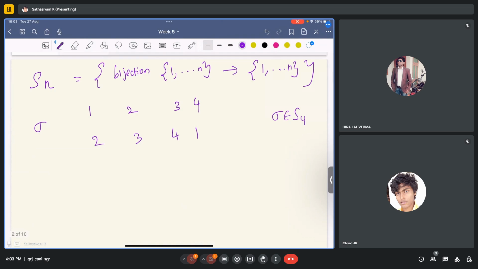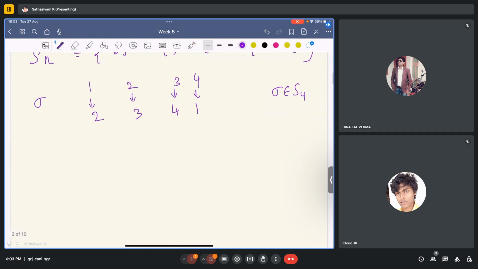Now, by this permutation, what it means is that 1 maps to 2, 2 maps to 3, 3 maps to 4, and 4 maps to 1. When you have a permutation like this, you can always write it in terms of cycles. You see where 1 goes: 1 goes to 2, and 2 goes to 3.